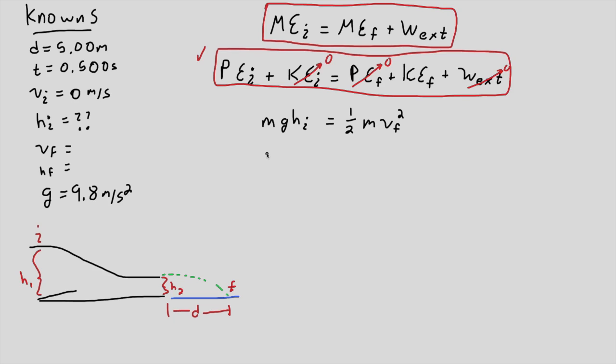The mass of the swimmer is an easy enough one to work out. We can factor that out. So we will have the mass times gravity times height in the initial situation is equal to mass times 1/2 V final squared.